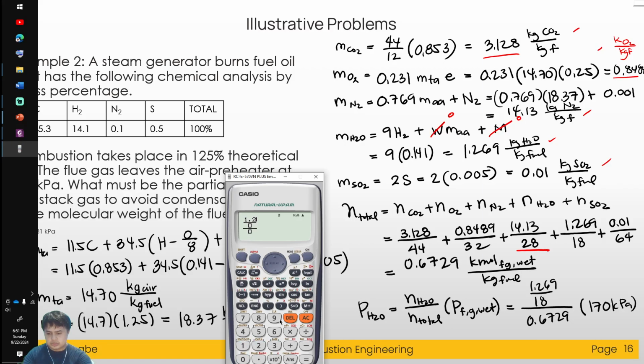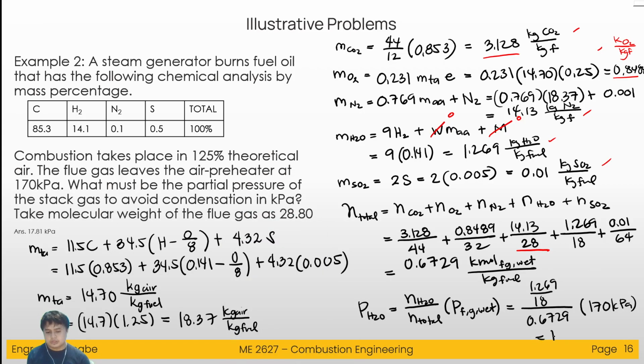So 1.269 all over 18, then you have 0.6729, multiplied by 170. So the partial pressure is 17.81 kilopascals. So you can convert this into its dew point. You can find the dew point temperature using your table 1. Okay, that's it.